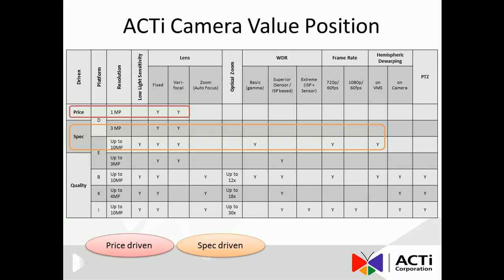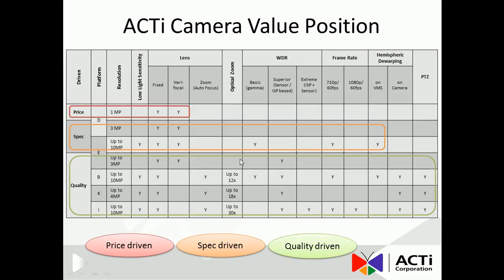And of course, in these spec segments, because you not only have the high resolutions, it also gives you the basic offering for fixed lens and varifocal and high contrast WDR, and also a very special one. You can take a look at the 1 megapixel up to 16 frames per second, and of course the fisheye.